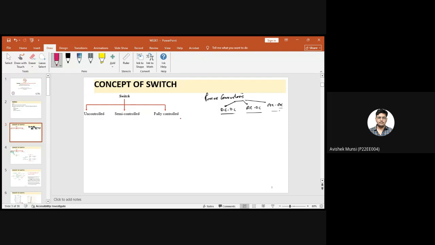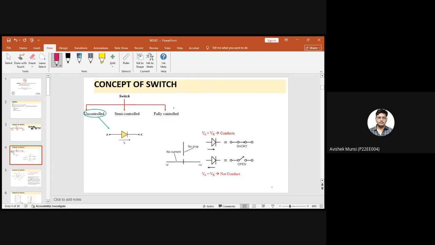Power switches can be categorized in different ways. First of all, they can be divided into uncontrolled switches, semi-controlled switches, and fully controlled switches. An uncontrolled switch is one whose on state and off state is not in our hands.